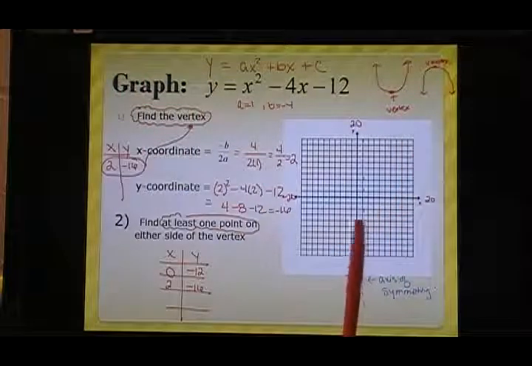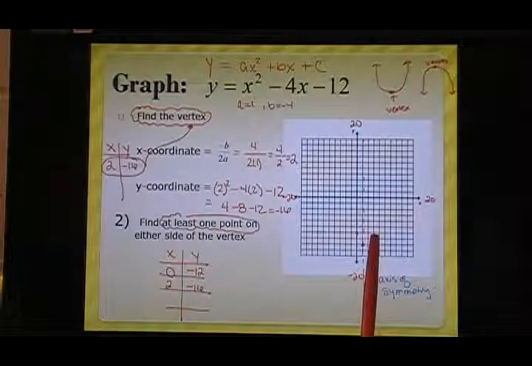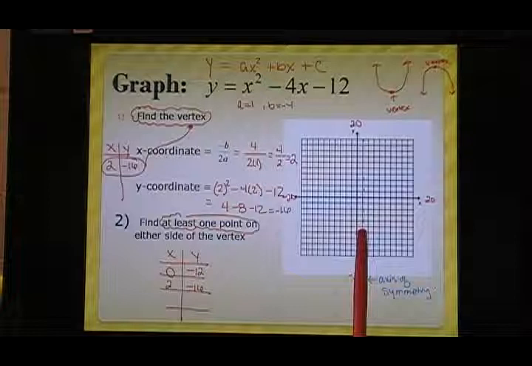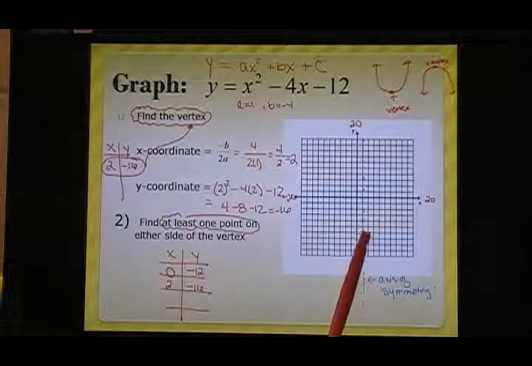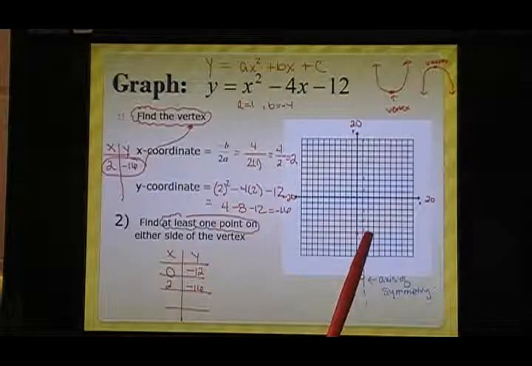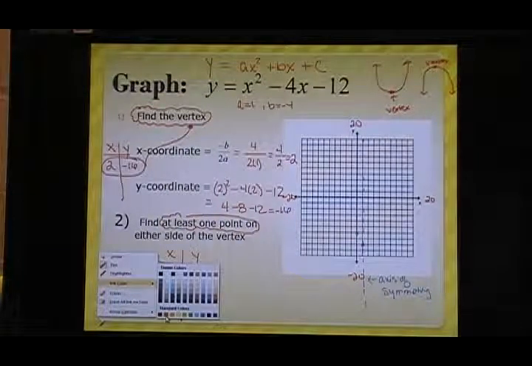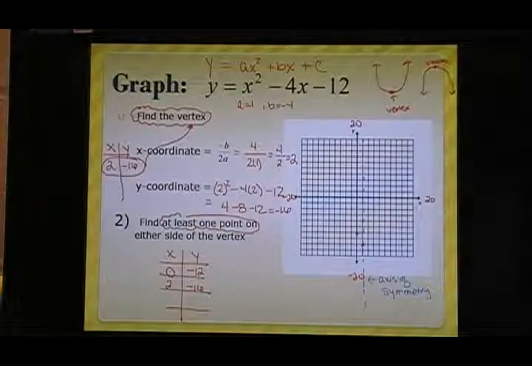So for my parabola, if I folded it over this, for it to fold onto itself, since there is a point here, 2 units to the left of the axis of symmetry, there must also be a point over here, 2 units to the right of the axis of symmetry. So you can always just use symmetry to find another point.